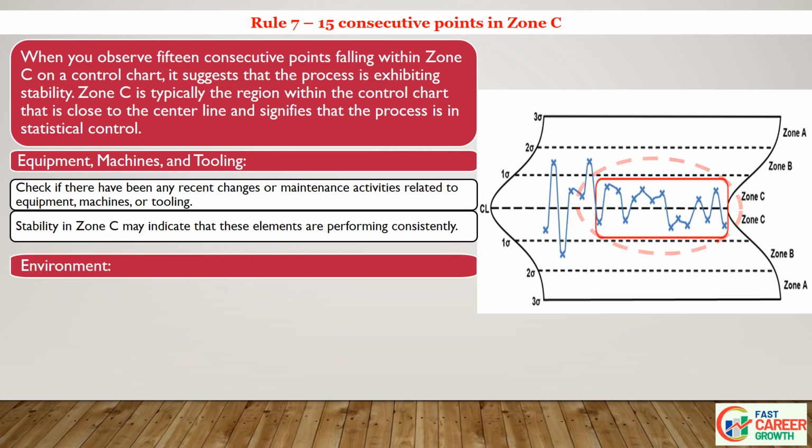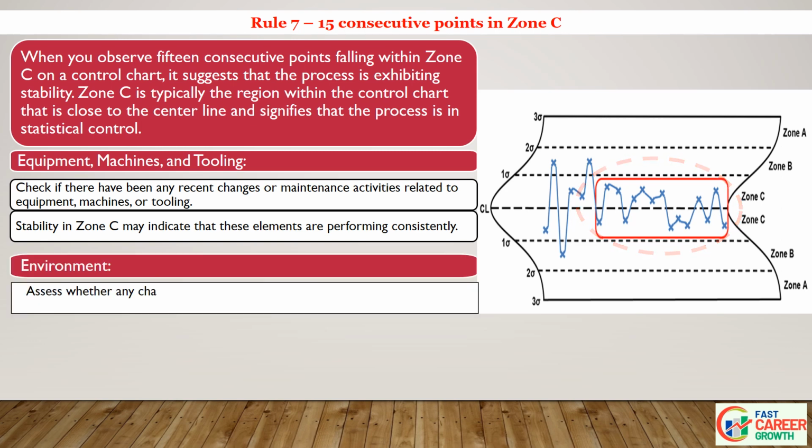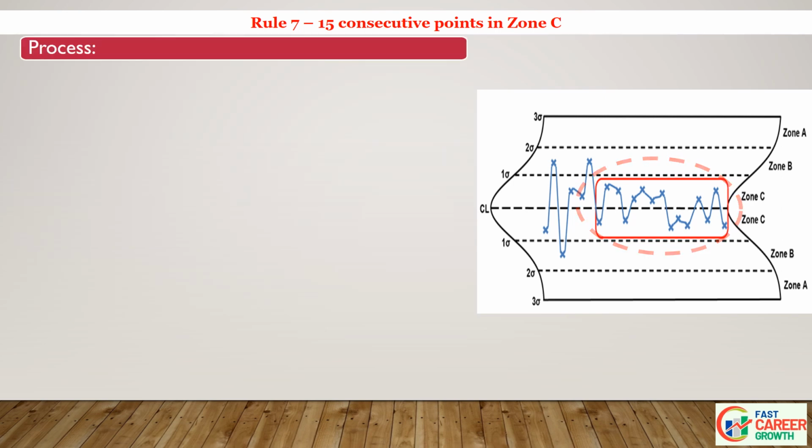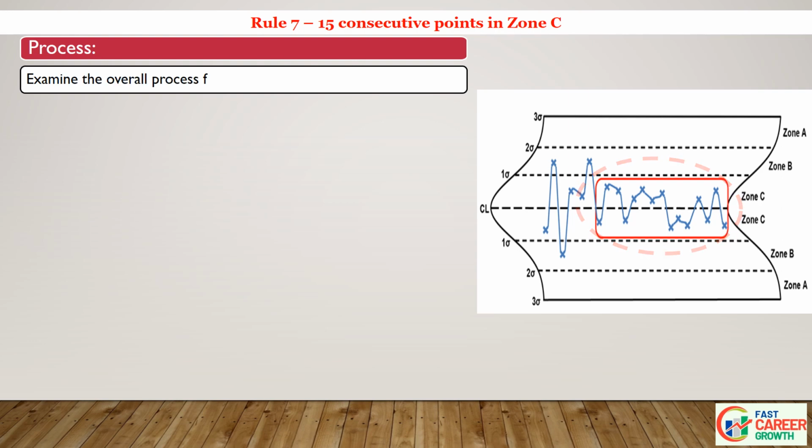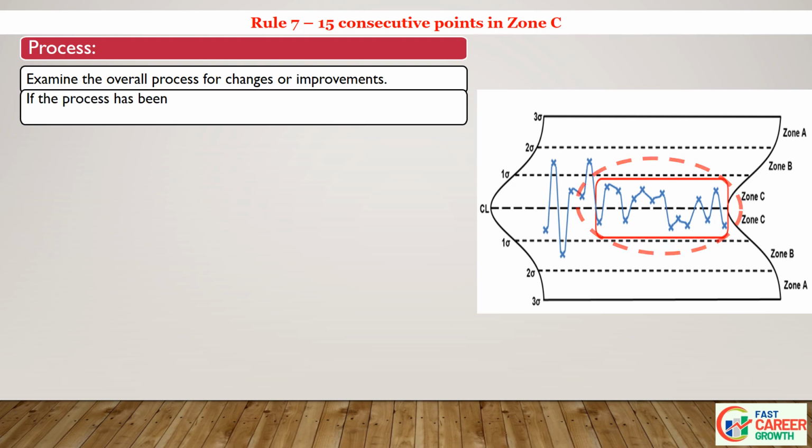Environment. Assess whether any changes in the environment, such as temperature, humidity, or other external factors, might be influencing the process. Process. Examine the overall process for changes or improvements. If the process has been modified, it could explain the observed stability in Zone C. Inspection.